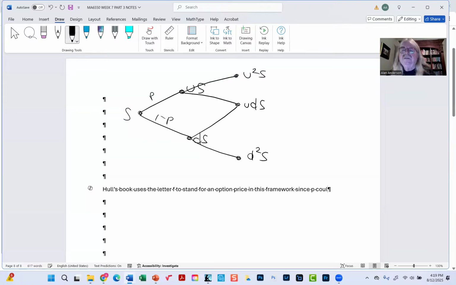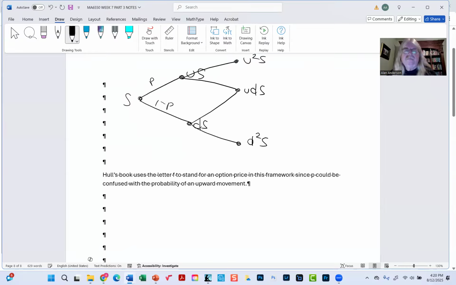Since P could be confused with the probability, we avoid using it. Once we know whether it's a call or a put, we use the letter F, and from then on that means it's either a call or a put, depending on which one we want. We'll just use F for both calls and puts. So the tree looks like this.